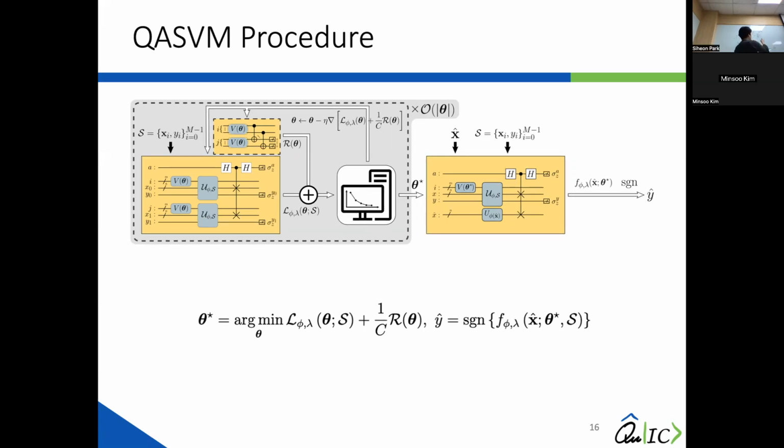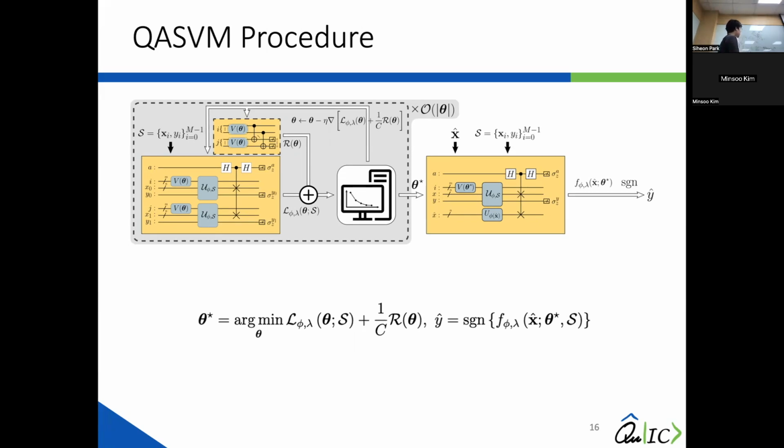So that's why the number of parameters is proportional to the number of qubits, and the number of parameters we require is something like polynomial.